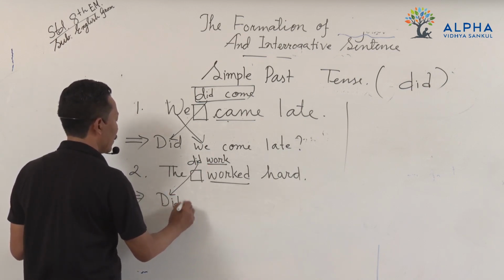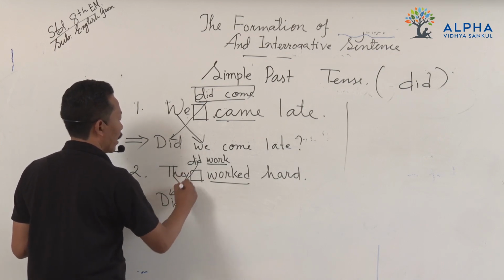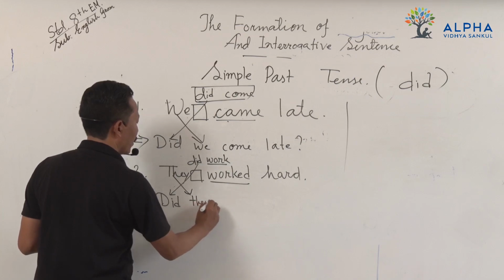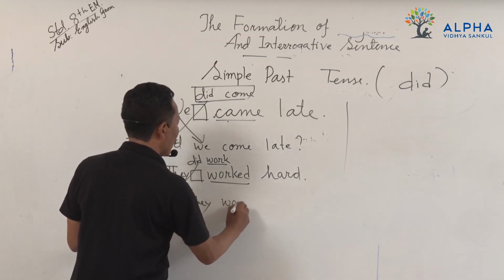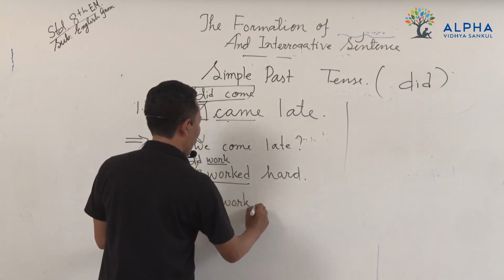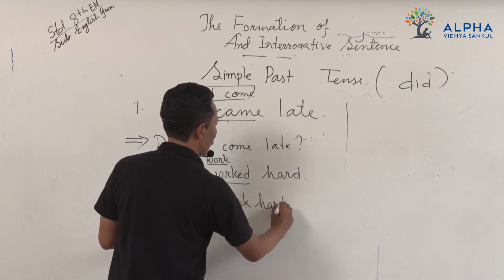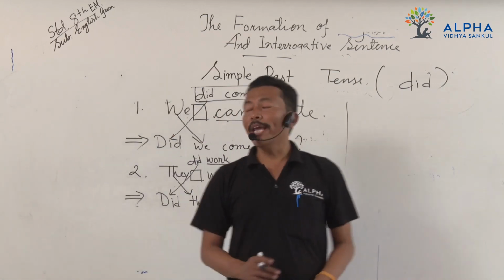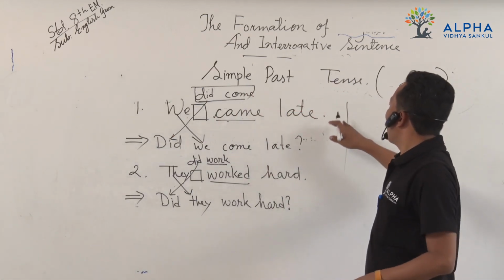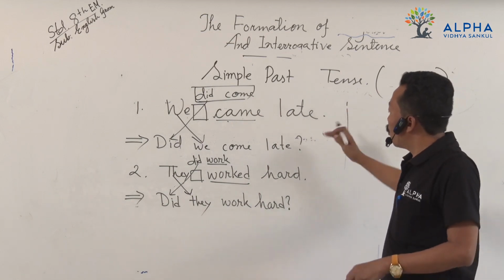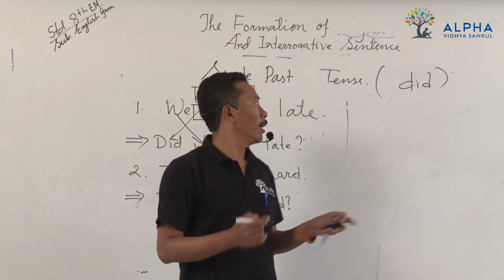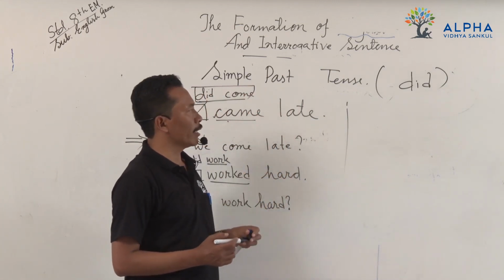Did they work hard? And the question mark, the interrogation mark. So this is the way we go from affirmative sentence to interrogative sentence. This is called the formation of the interrogative sentence.